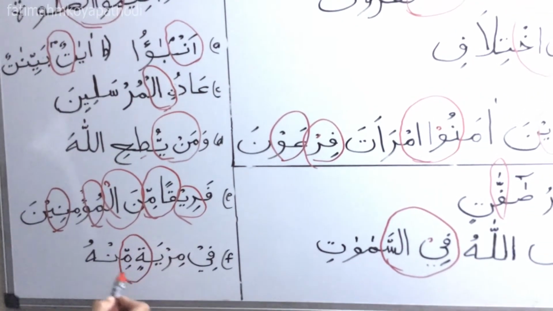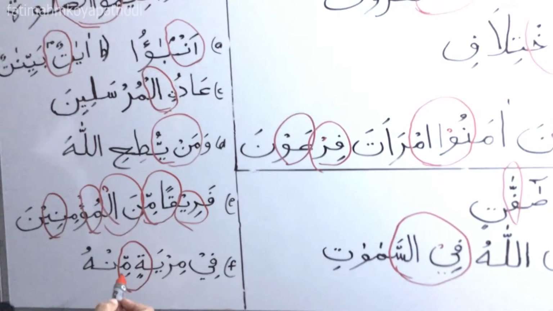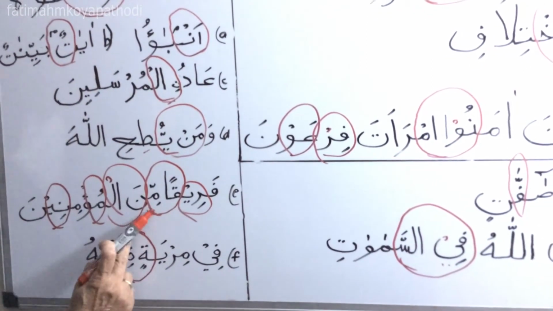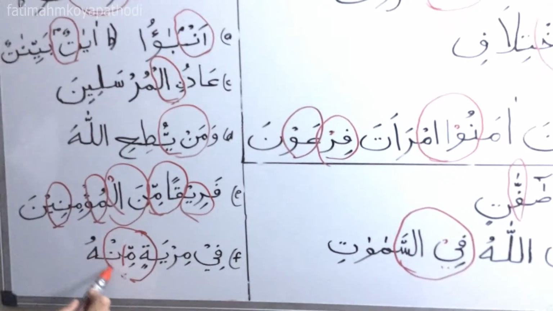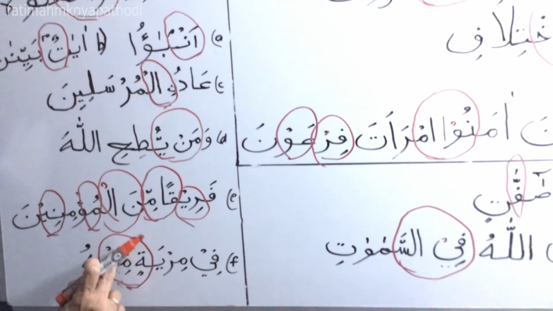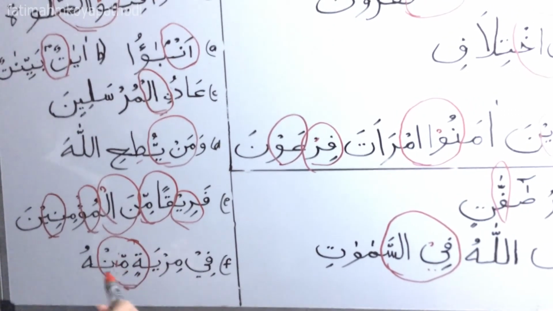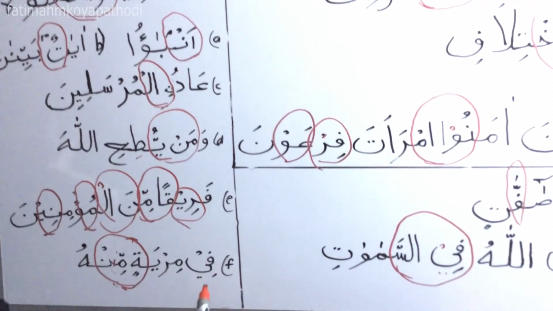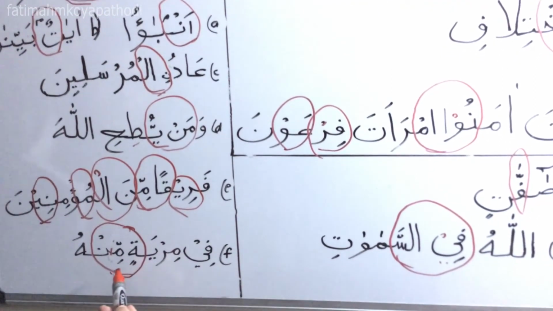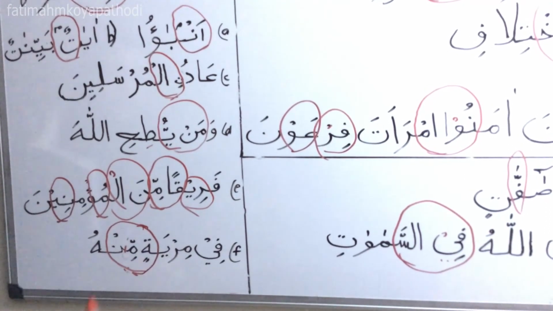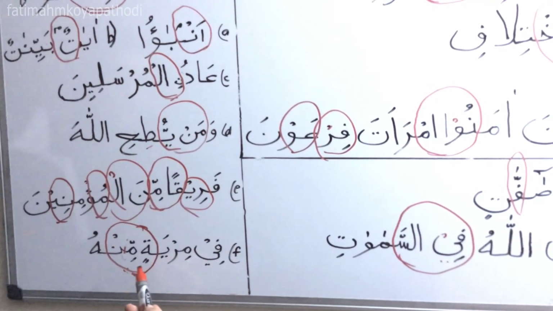The word is tim, and because the shadda is there, you have to stress on the shadda. When you're reading it, you have to include the noon because it's going to be a shadda group. You have a tanween, but the tanween is dropping the one noon sound, so it's taking over the meme. So this will be the shadda group. Fi miryatim minhu. That's how you read it. Fi miryatim minhu.